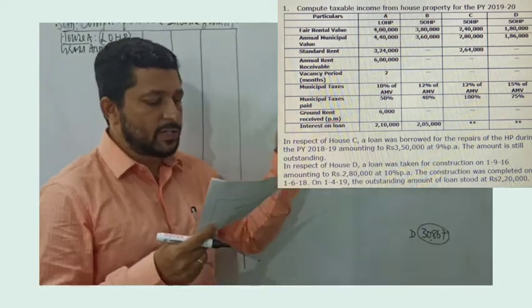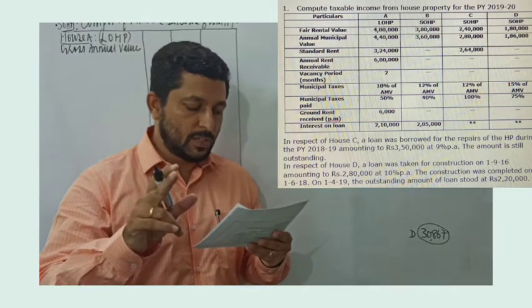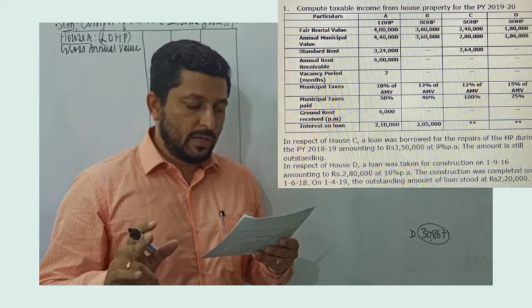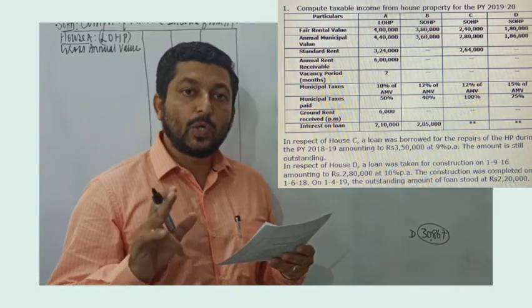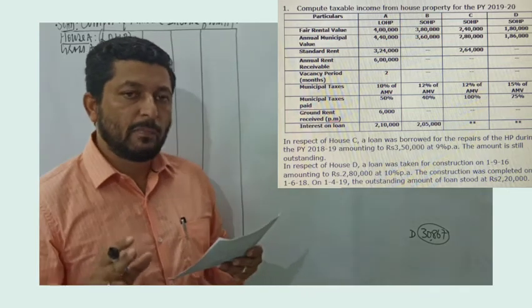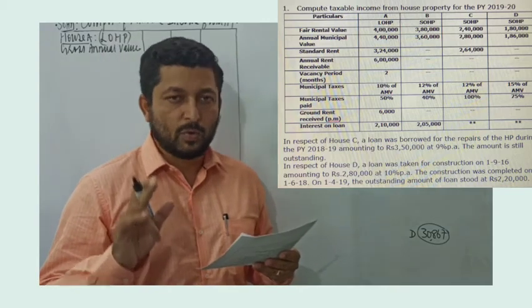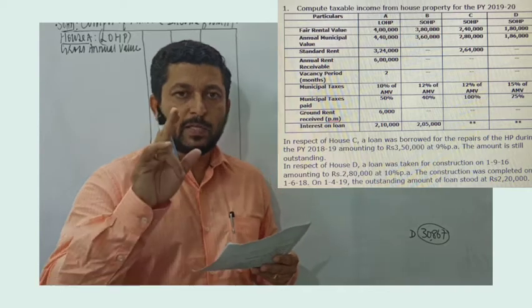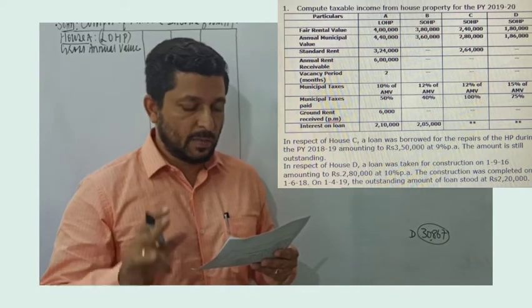Now, annual rent receivable is given 6 lakh rupees. And it's mentioned that there is vacancy for 2 months. If I divide 6 lakh by 12, per month rent works out to 50,000 rupees. And for 2 months, the house remained vacant. That means 1 lakh rupees is the vacancy period rent.